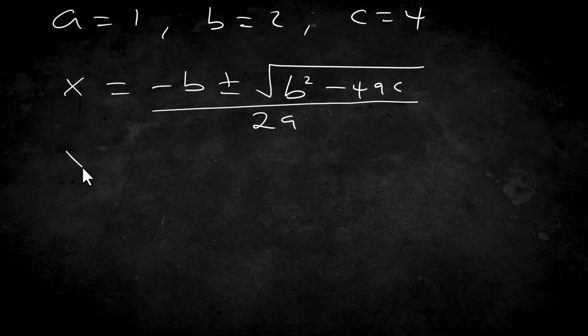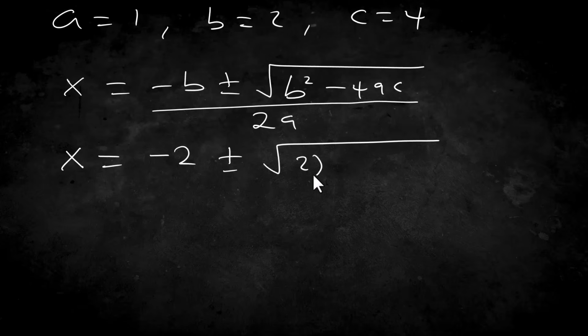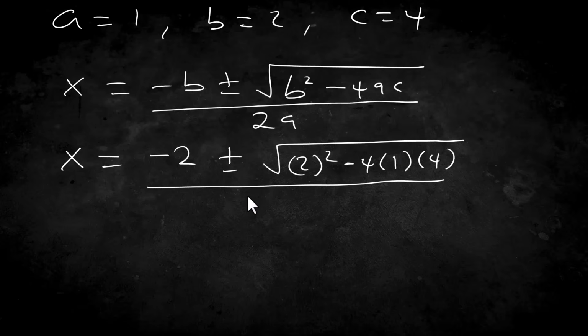Now let's solve for x. So we have minus 2 plus or minus the square root of 2 squared minus 4 times 1 times 4, all over 2 times 1.